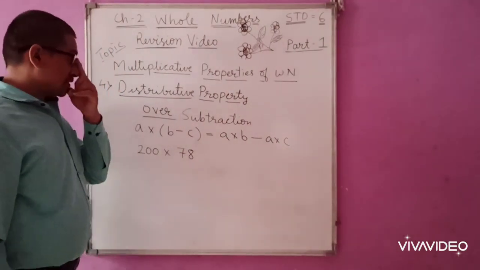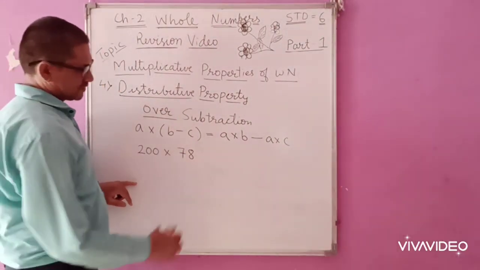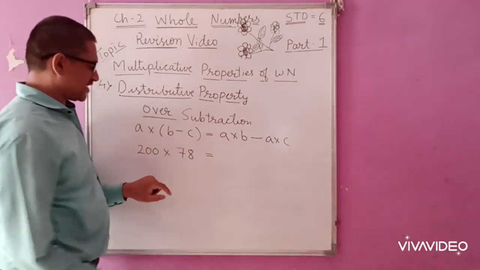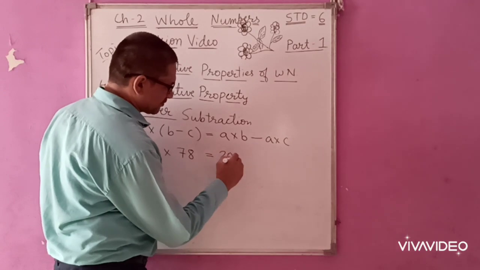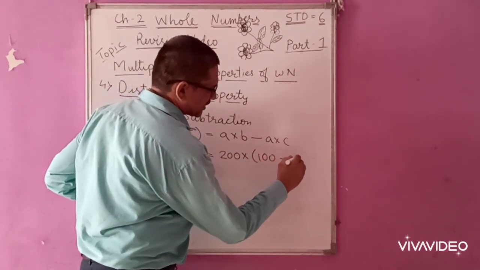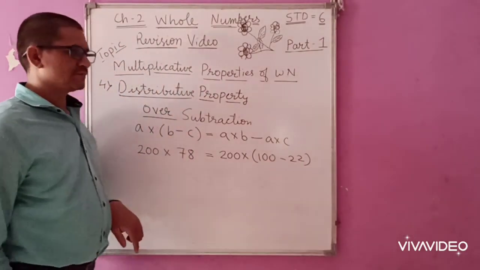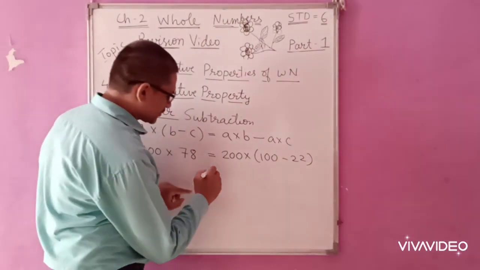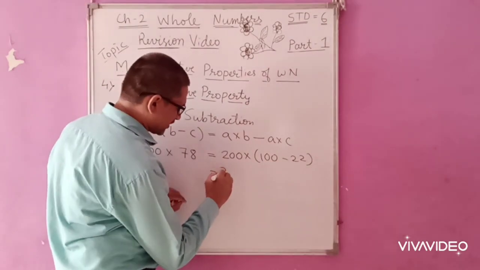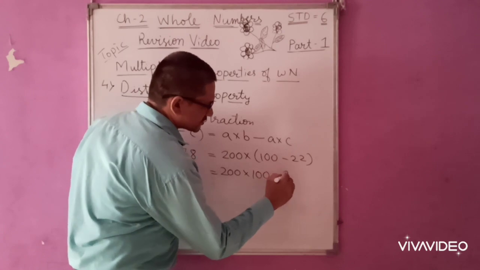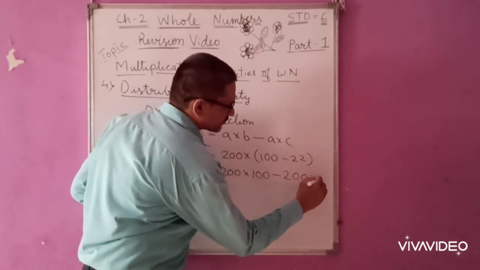So now I can write 78 as 100 minus 22. 100 minus 22 is 78. So 200 into 100 minus 200 into 22.